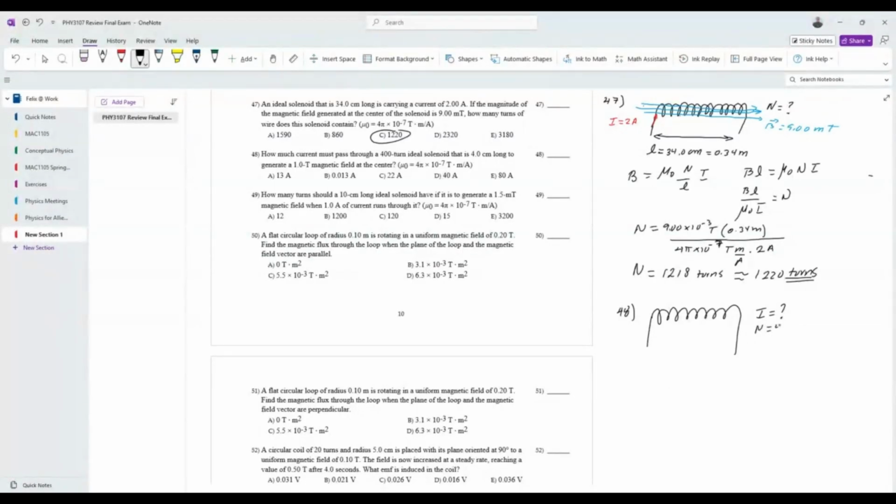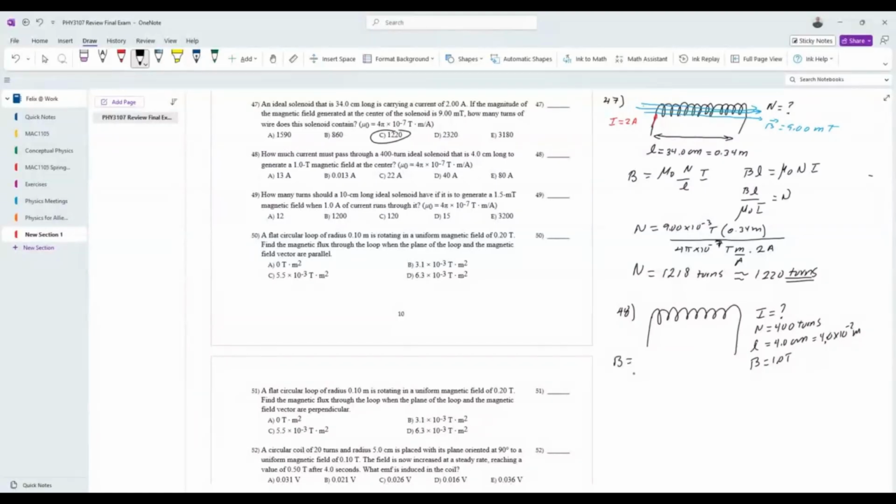You have that n is 400 turns. The solenoid has a length of 4.0 centimeters, which is 4.0 times 10 to the negative 2 meters. It has a magnetic field at the center of the solenoid of 1 Tesla. So you just have to calculate in this case how much current.